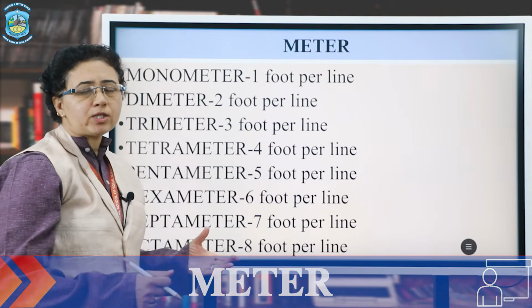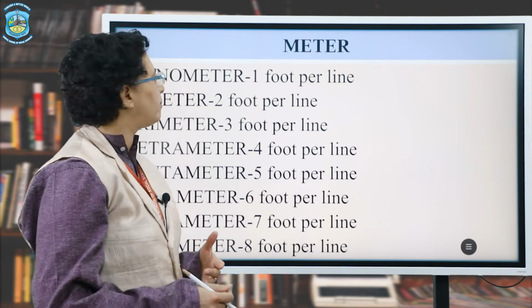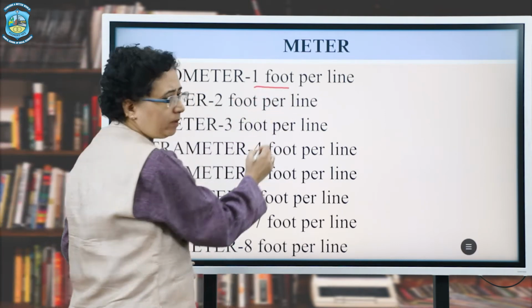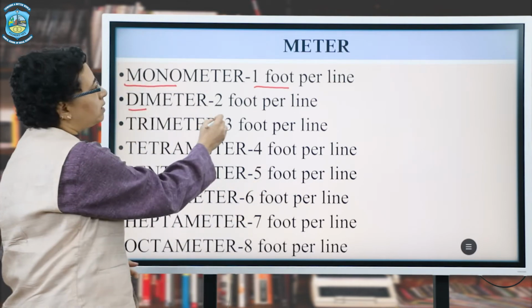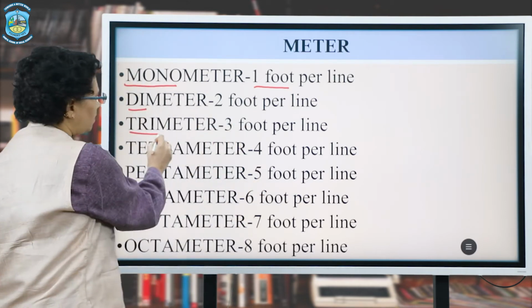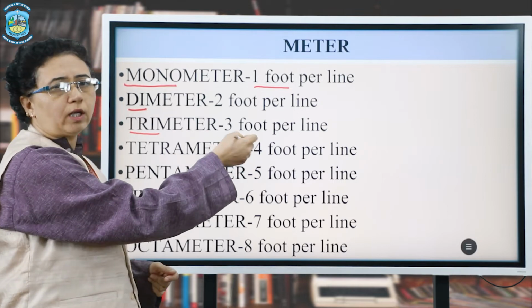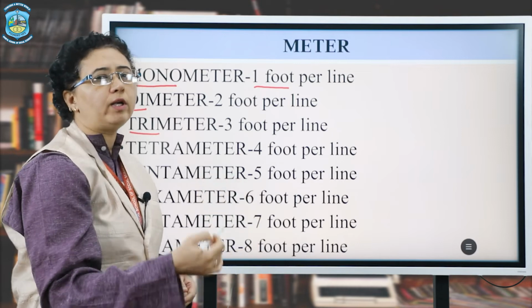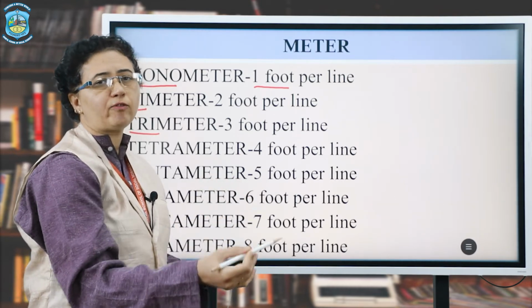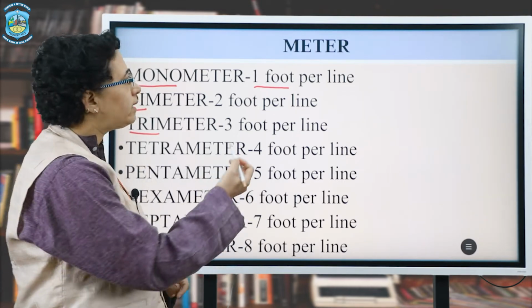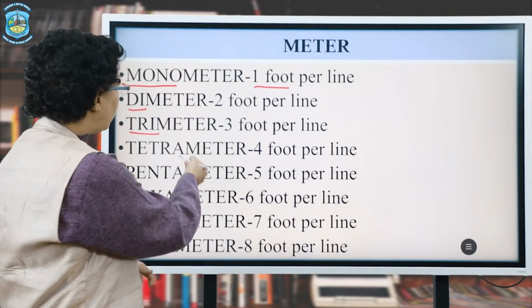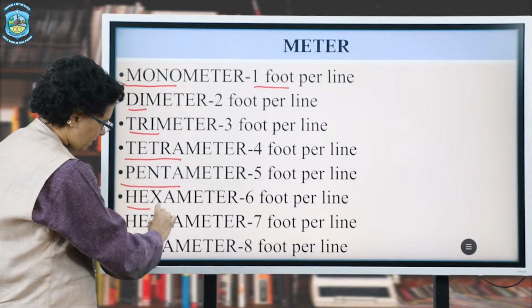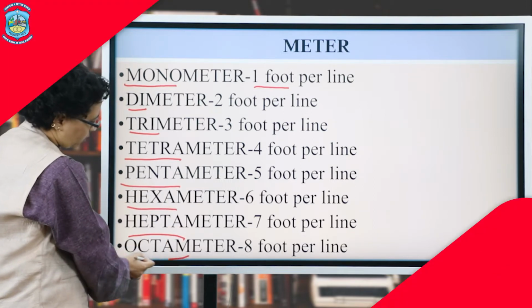According to the combinations and how many times they occur in a line, they are called monometer, that is 1 foot per line, then dimeter 2 and trimeter 3, according to the numbers that we have in one line of these patterns that fall systematically at regular intervals of time. That is called the meter and they are given the various names: tetra, penta, hexa, hepta and octa.